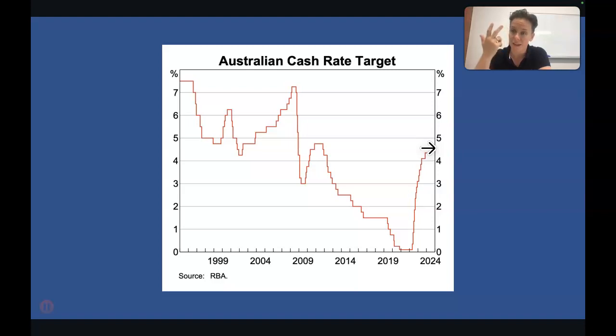This means there's a decrease in output, which means that there's a reduction in the demand for factors of production from producers because they're not going to be producing as much. Which means that those factors of production are going to experience a decrease in their prices. They're going to get cheaper because they're not as in demand as they once were, which means that the cost of production falls. And if that's happening, then often producers will pass those savings on to consumers in the form of lower prices. So overall inflation is going to fall.